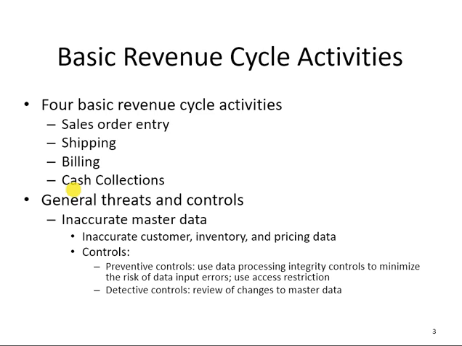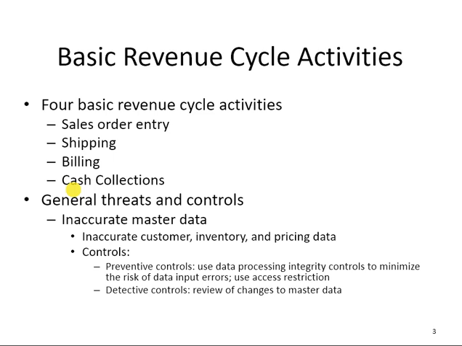Before we cover these four processes, let's talk about the general threats to the revenue cycle activities and the related controls. These general threats and controls apply to all the processes in this cycle.